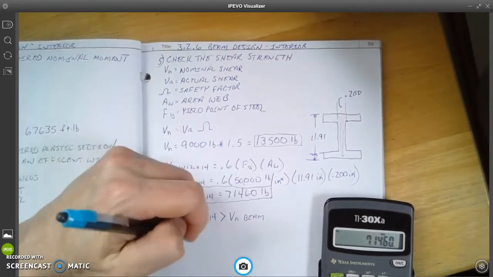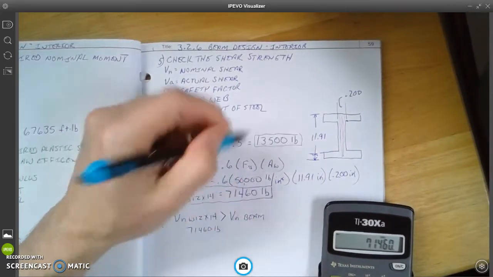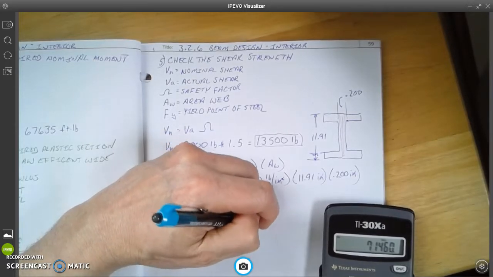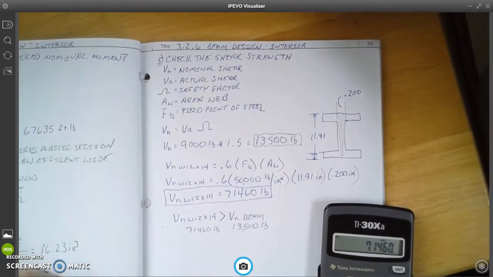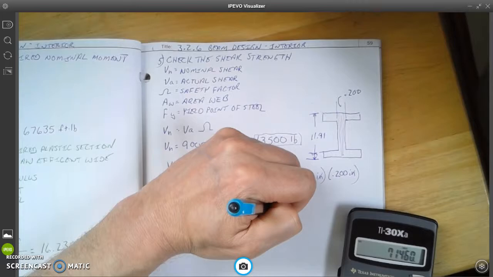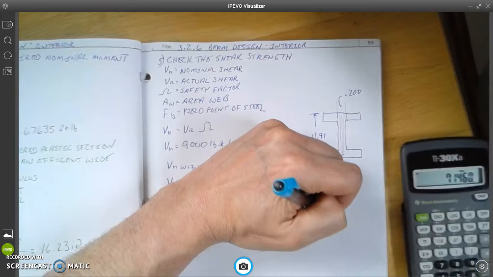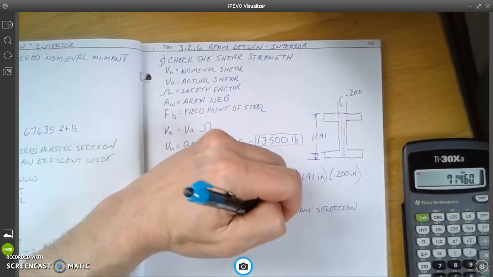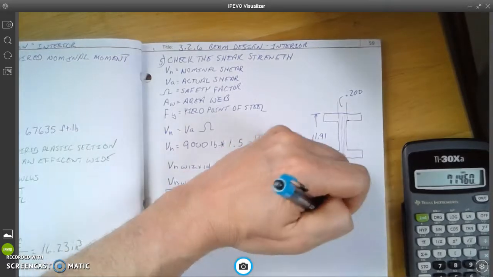Because this value right here is 71,460 pounds, and this value right here is 13,500 pounds, and it's quite a lot larger than the actual beam is. So we're in good shape there. So our beam selection is good for shear.